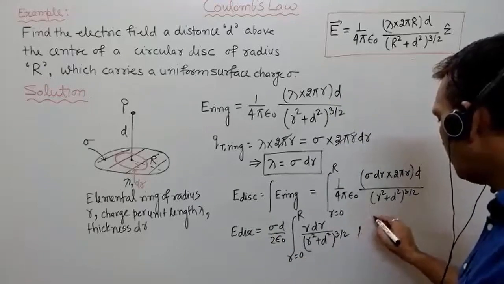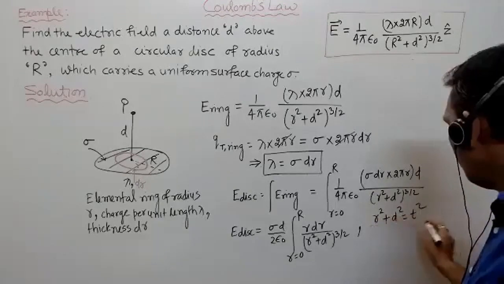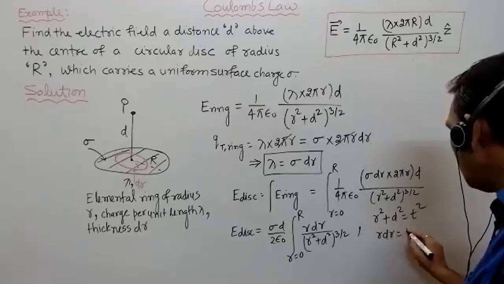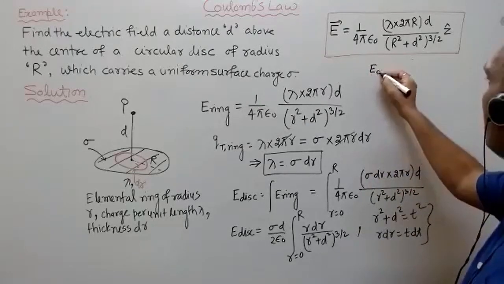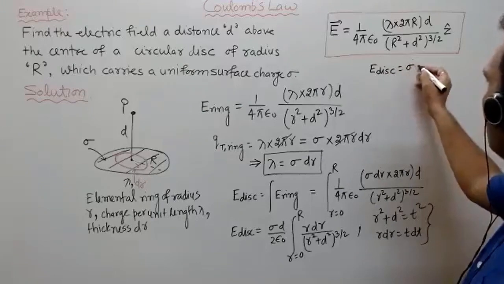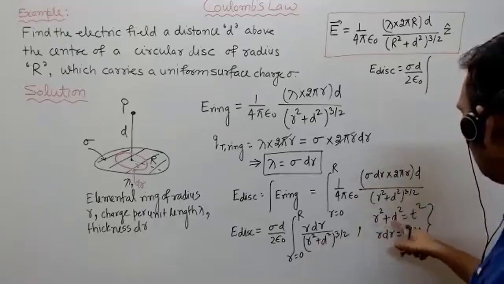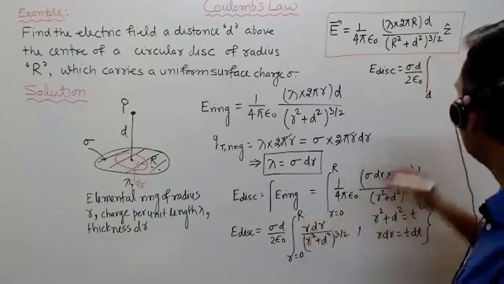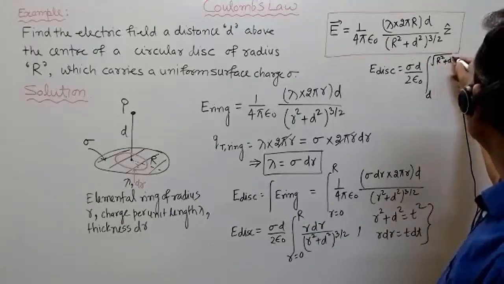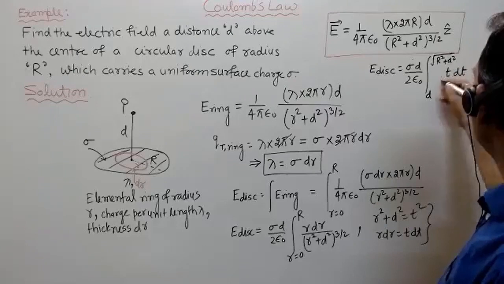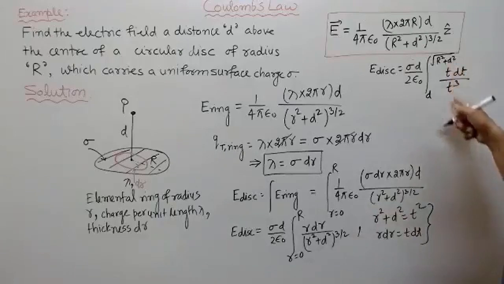So how to integrate this? Take r square plus d square is t square. If you differentiate this, you will get r dr is t dt. Substitution method. Use this method. So electric field due to disk will be given by sigma d by twice epsilon naught. When r is 0, t is d. And when r is capital R, t is under root r square plus d square. You have t dt by t cube, so this is 1 by t square.